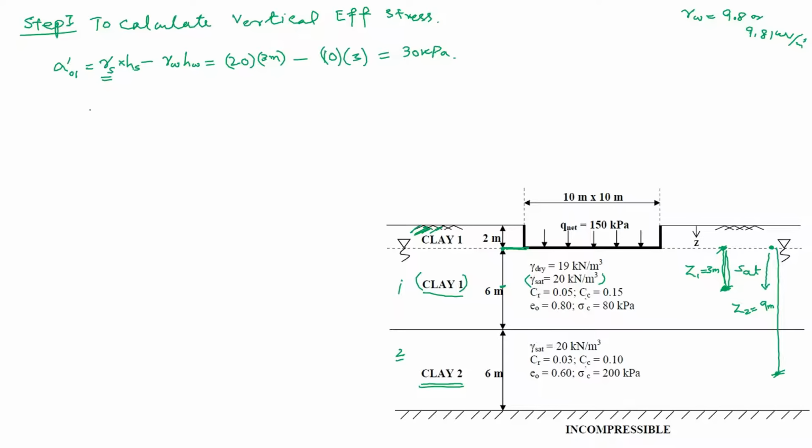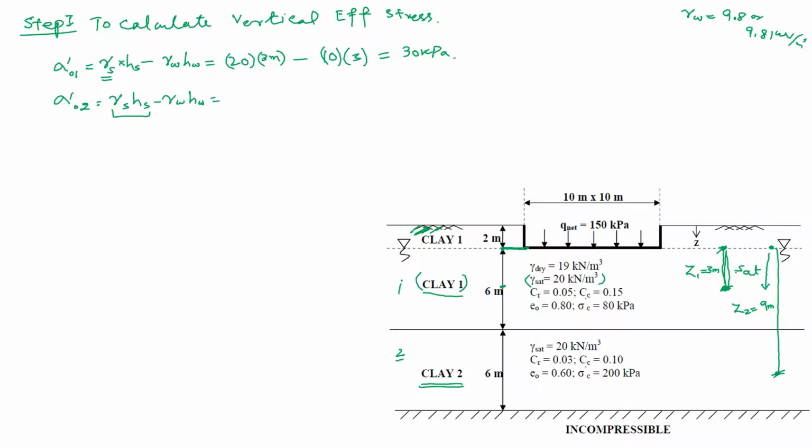Now move towards second point. Sigma prime 2 is equal to gamma s hs minus gamma w hw. This is a simple formula. Now, these gammas may be multiple. You may have one layer of soil, you may have two layers of soil. It depends upon the number of soil layers available.